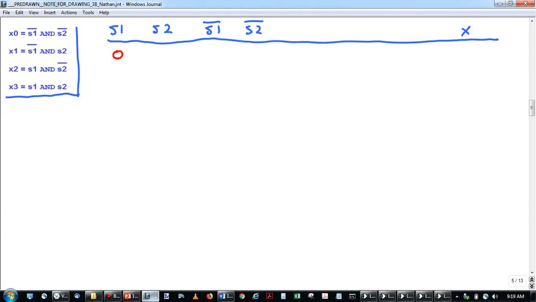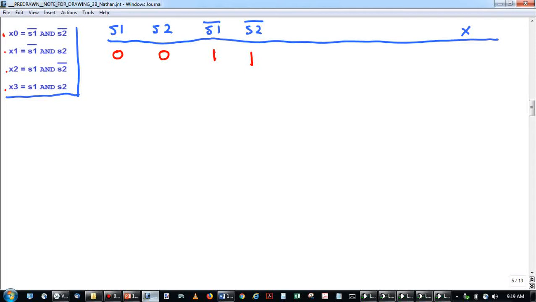Well, S1 can be 0 and S2 can be 0. Would you agree? That's the first state. If S1 is 0 and S2 is 0, what's not S1? 1 and 1. The reason I've got all four of these laid out like this is because my statements will use some combination of S1 and not S1 and S2 and not S2. So it's just easy to have a look at them.